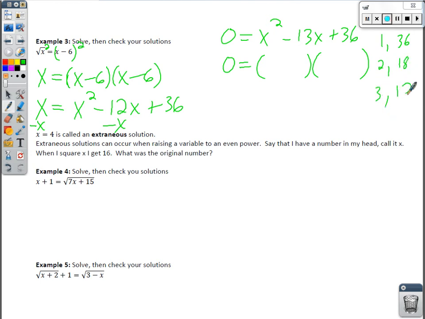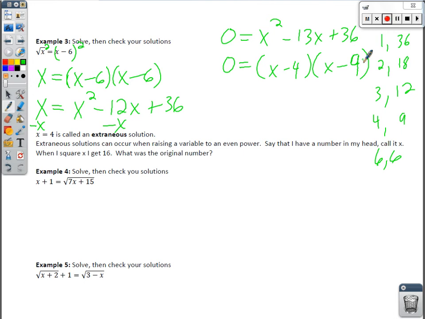Let's see, 3 and 12, 4 and 9, and then 6 and 6. So 4 and 9 will add to 13, but we need negative 13. So we're going to have x minus 4 and x minus 9. And negative 4 and negative 9 do multiply to be positive 36, so that checks out as well.